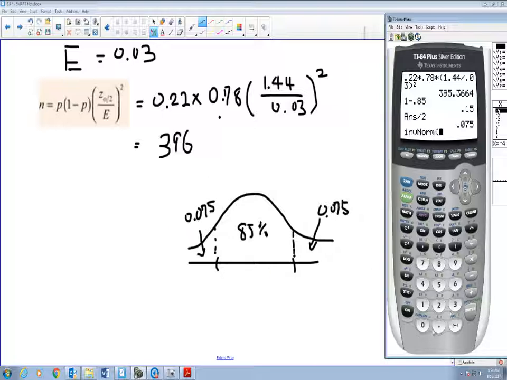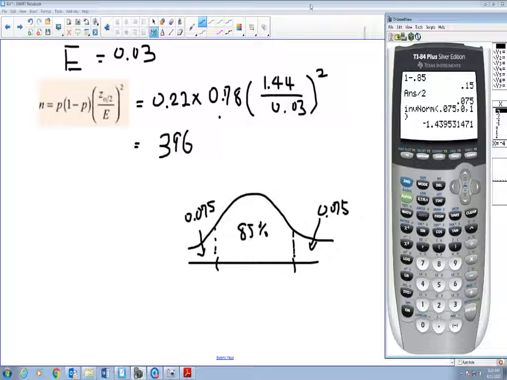Area to the left 0.075, comma 0, comma 1. So that's about negative 1.44. That will be this one. The other one is positive 1.44. So your Z sub alpha over 2 is 1.44. That's where this number comes from.